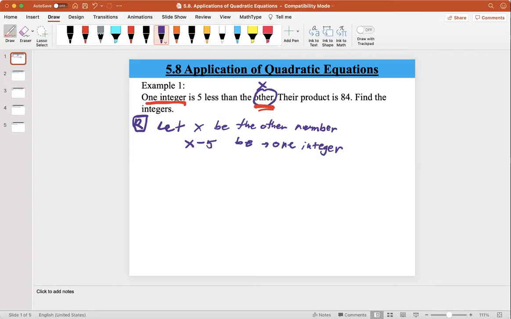Their product is 84. So what operation is that? Of course, it is multiplication. And now we write our equation based on that. Let's say their product is 84.